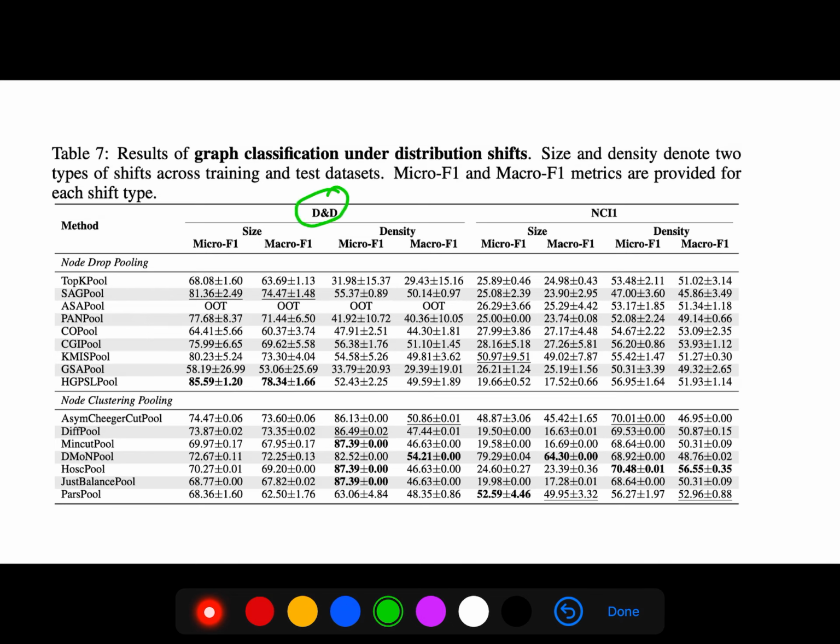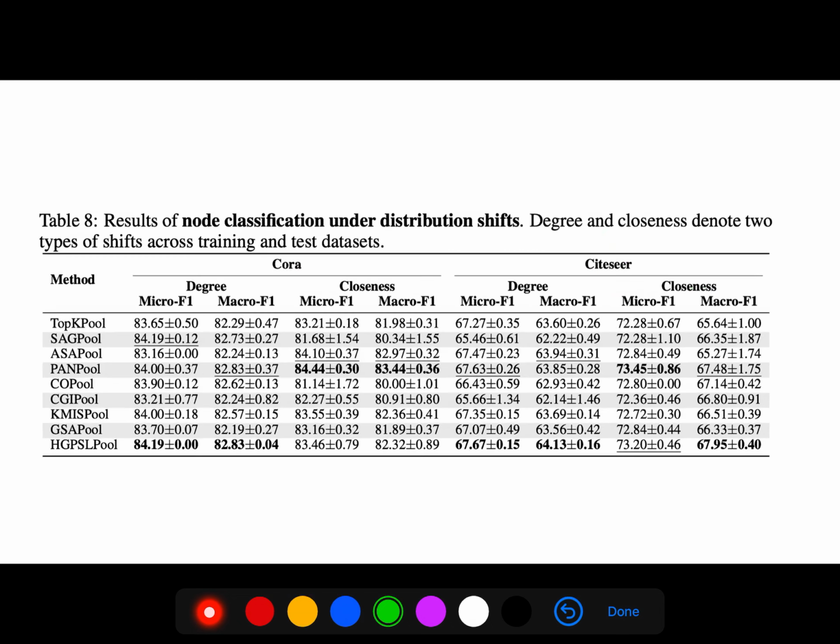So DD is another dataset, NCI1 another dataset. But the micro F1 is better than macro. It's more exact, of course, more difficult. And you can see, for example, the Cora dataset, it's available in PyTorch Geometric.